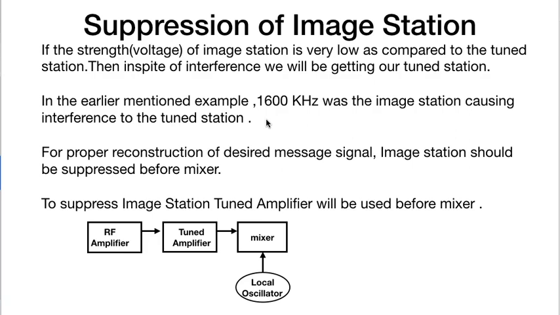Now, what the makers of the superheterodyne receiver did is they inserted a tuned amplifier before the local oscillator. So whenever the incoming signal does not match the frequency required, it is passed through this tuned amplifier, which is a bell-shaped amplifier.